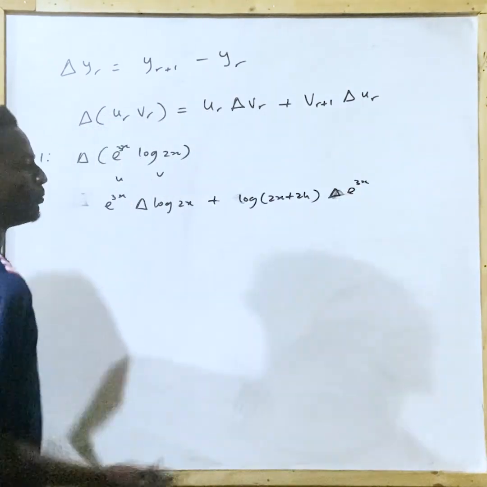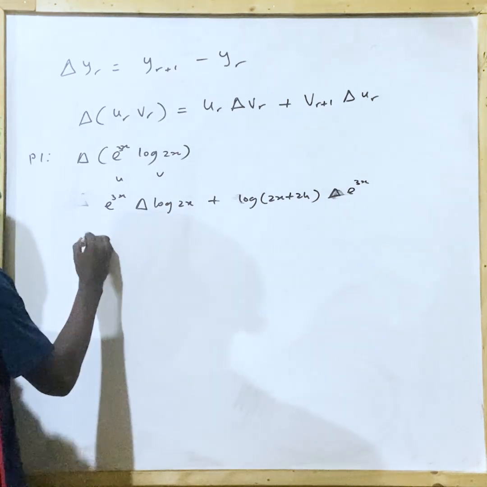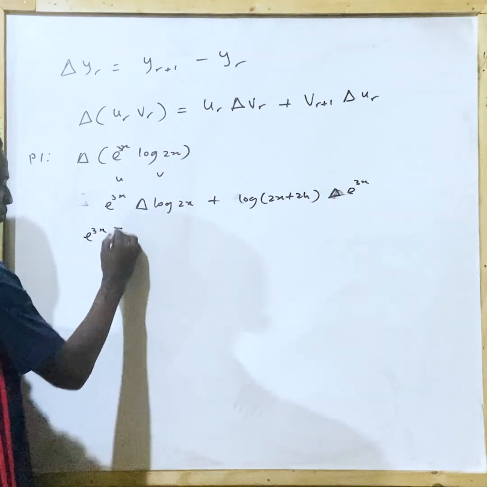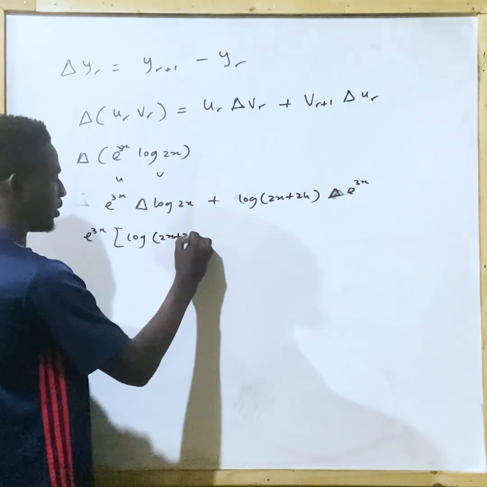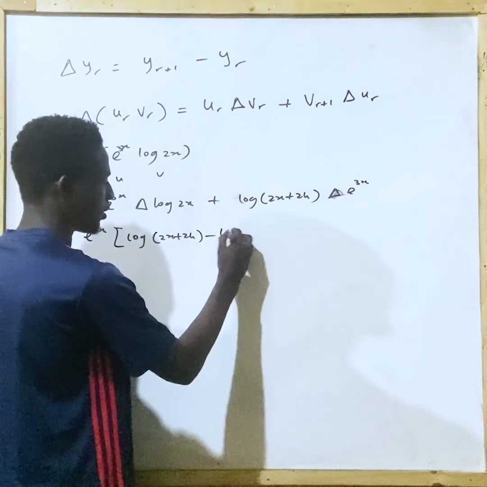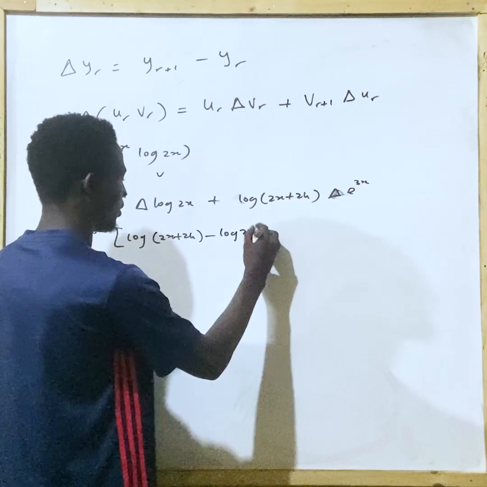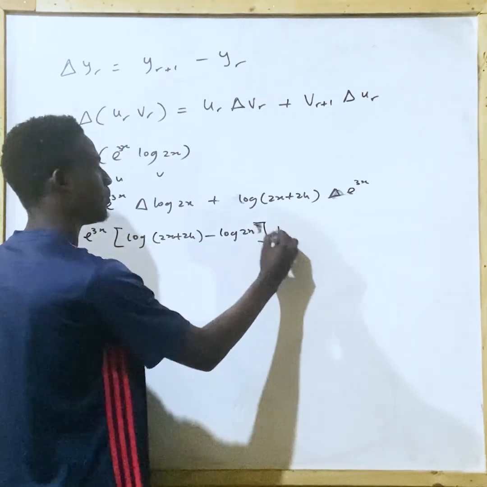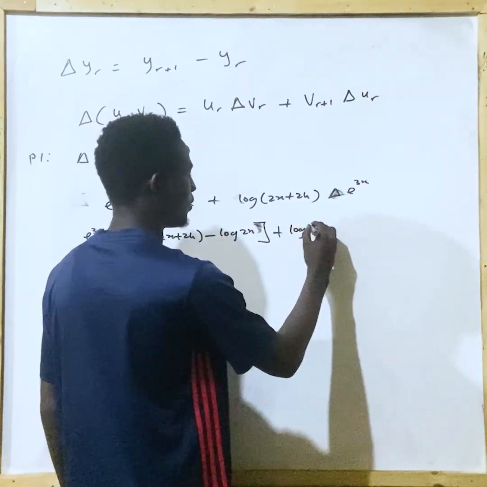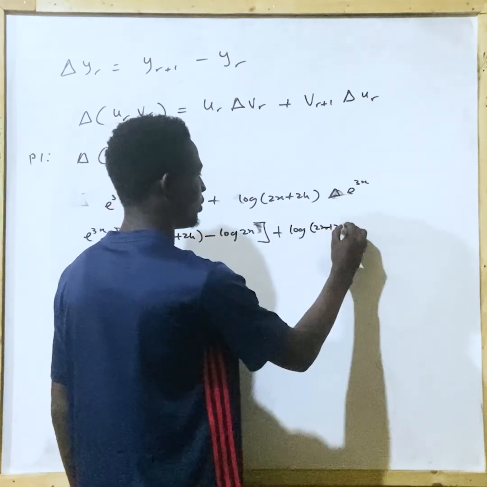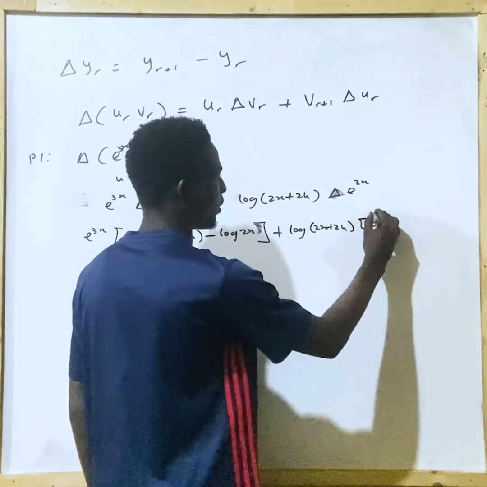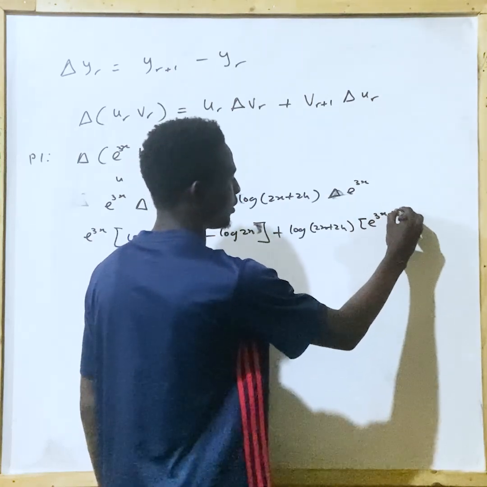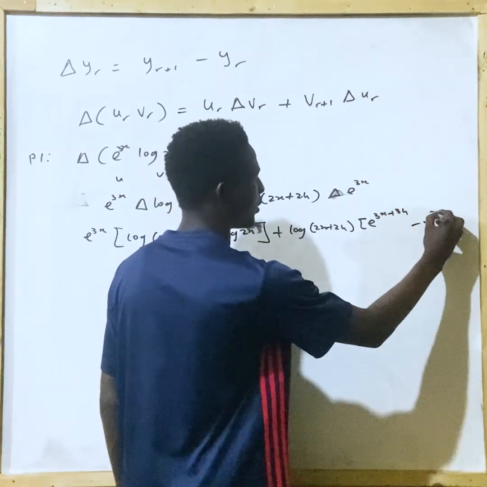So you can simplify further. You have e raised power 3x in bracket log 2x plus 2h minus log 2x, plus log 2x plus 2h, then e raised power 3x plus 3h minus e raised power 3x.